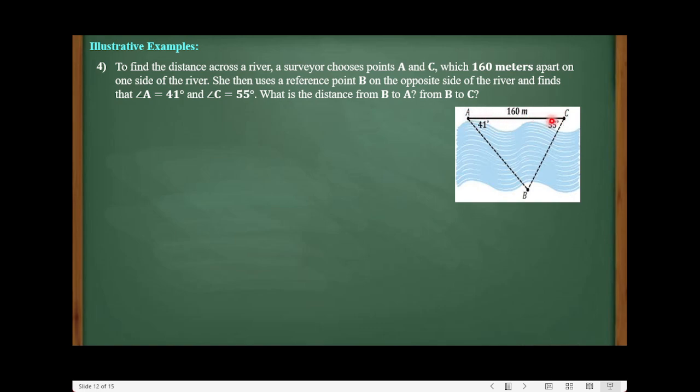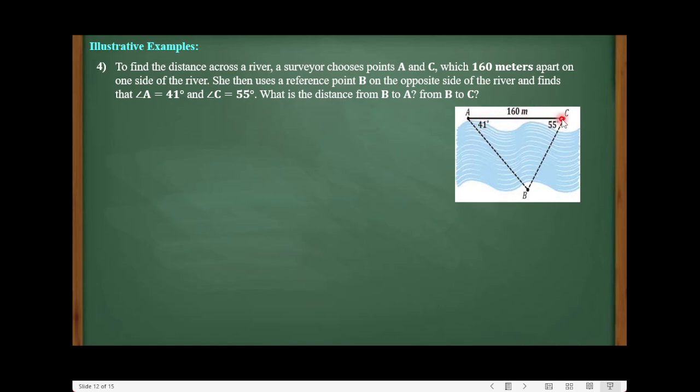Then the surveyor chooses another point, the reference point, named point B. Using a device, the surveyor finds out that at point A, the angle formed by the line of sight with this segment is 41 degrees.